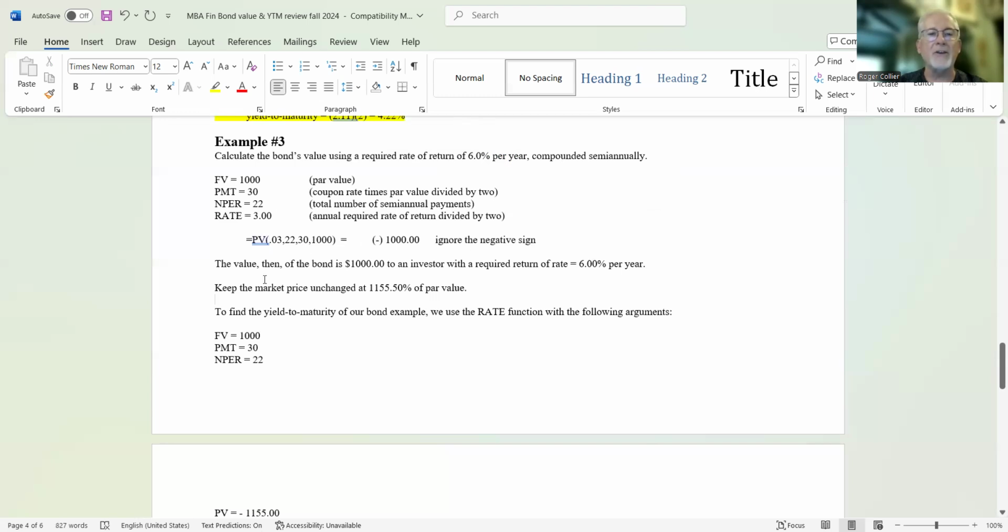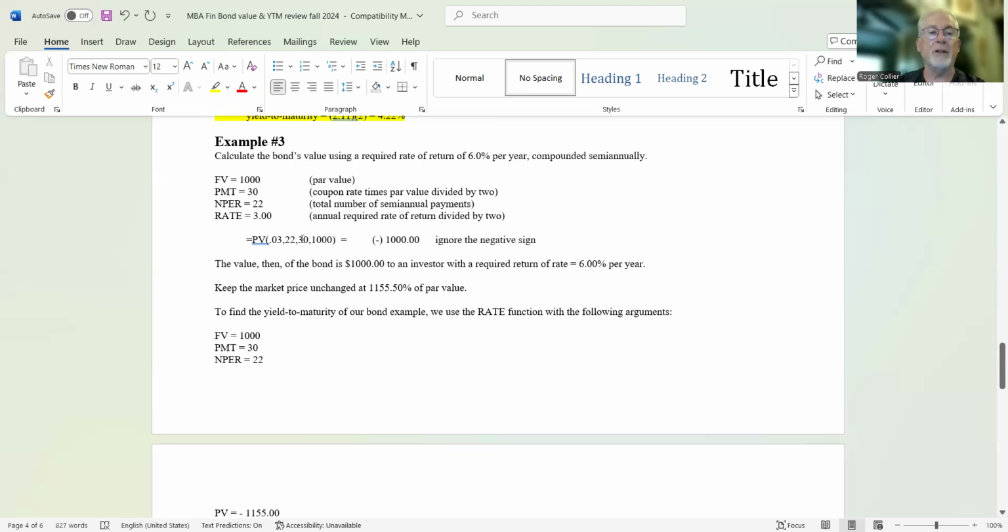Right? So I do the value calculation equals present value. The rate is 3%. Coupon rate, wait, I said that backwards. 3% required return, not coupon rate. Sorry. Next is the number of periods, 22.